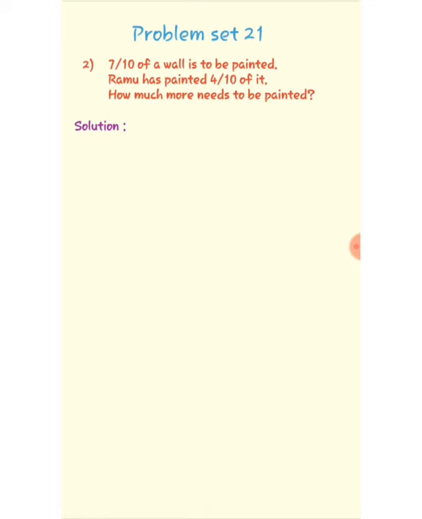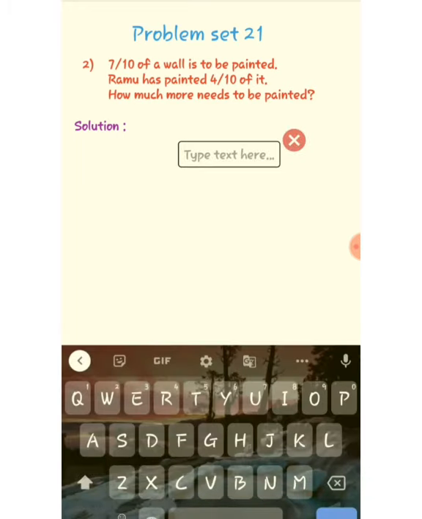It means we have to find out how much more part of the wall needs to be painted. So for that, first of all we will write the given part.